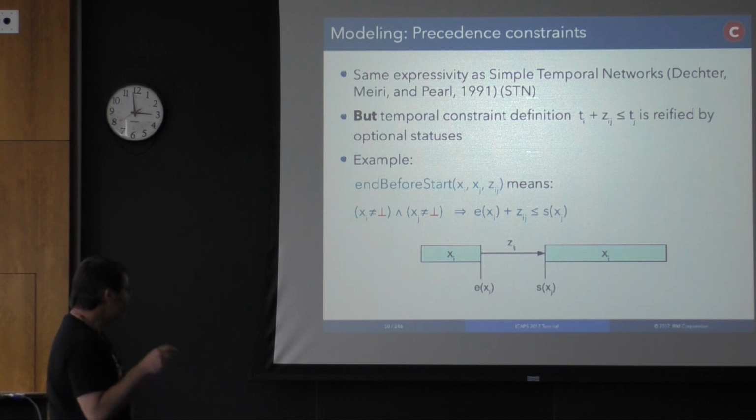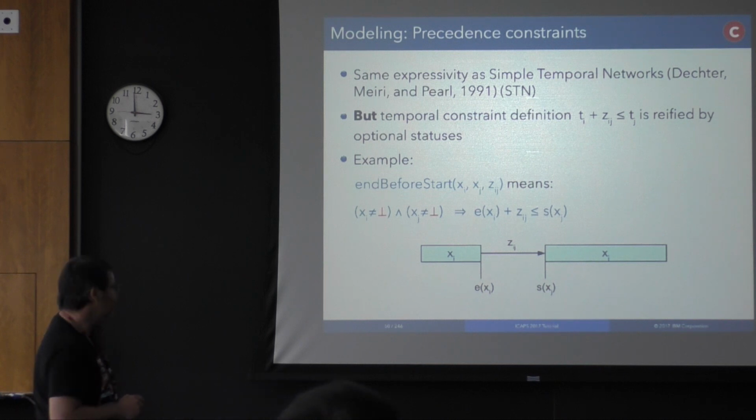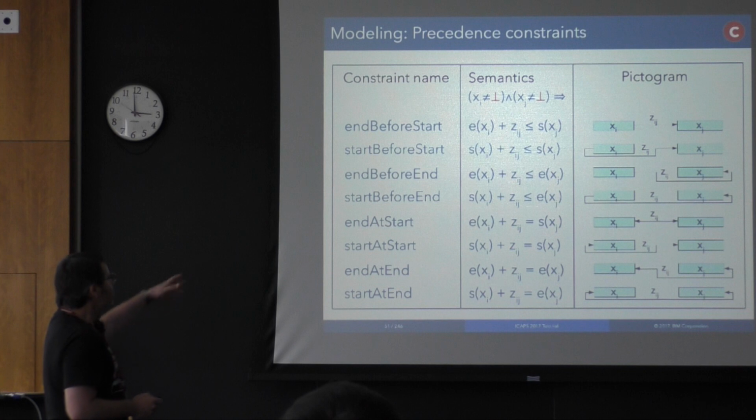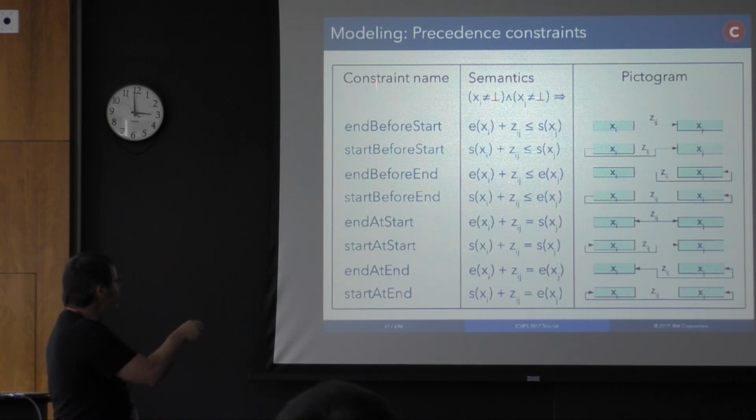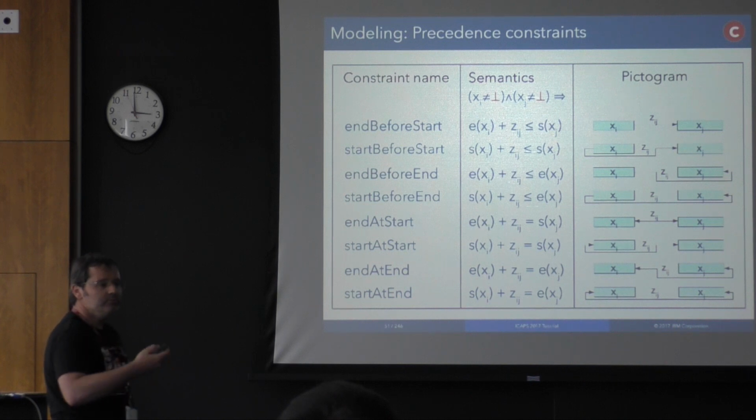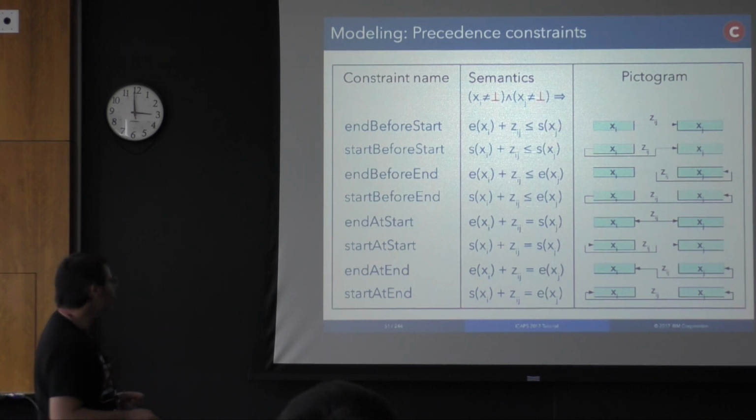But remember, this is always reified with the presence status of interval variables. So we have a typology of different constraints, but this is just to cover the simple temporal networks: endBeforeStart, startBeforeStart, etc. Nothing too complex here.